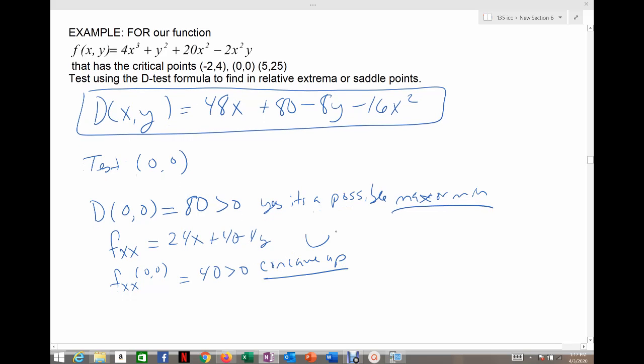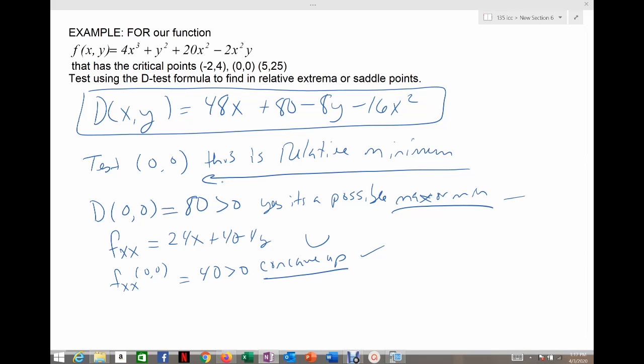If it's concave up, meaning it has that shape, my test is telling me that this is a relative minimum at that value. So at (0, 0), I find a relative minimum. Now I'm going to do the same thing with the other points.